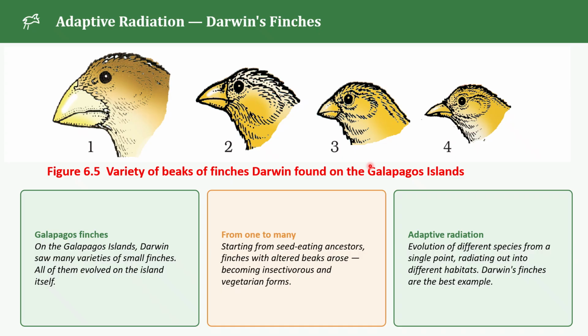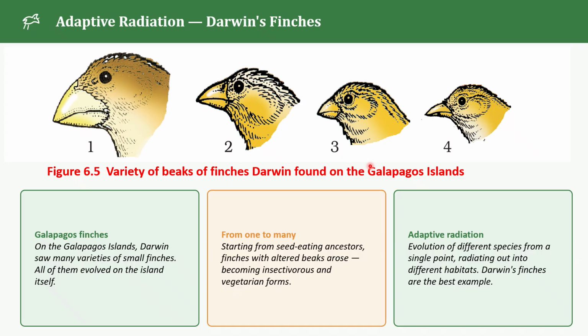Although all these birds came from a common ancestor, they evolved into many different species, and this process is called adaptive radiation. So what does adaptive radiation mean? It means the evolution of many different species from one common ancestor, each adapting to a different habitat or way of life in the same geographical area.